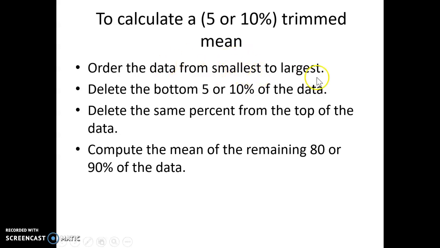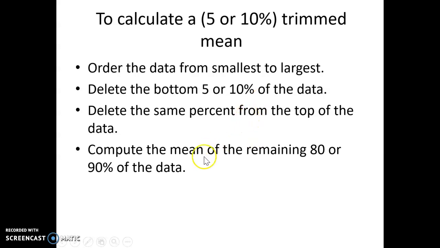You have to arrange them in order from smallest to largest, and then you're going to delete the bottom 5 or 10% of the data. And then you're going to delete the same percent off the top. So you have to figure out what 5 or 10% is of the data first. You can't just take 5 numbers or 10 numbers off. You have to calculate what 5 or 10% is.